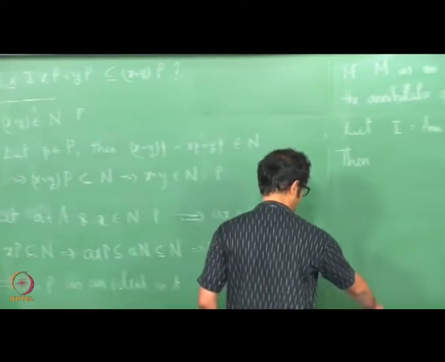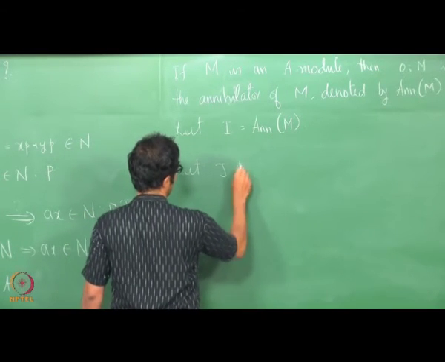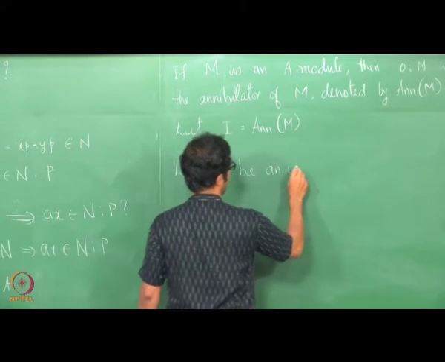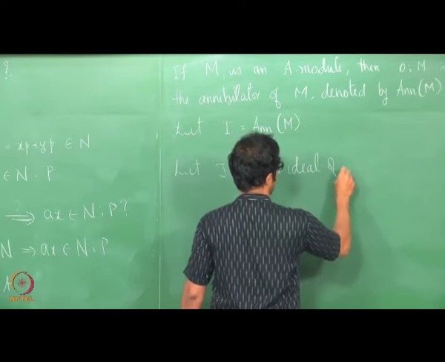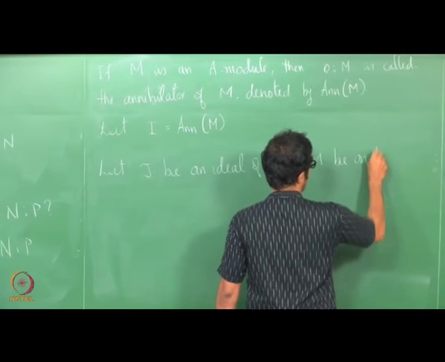Okay, so let me put it this way: let J be an ideal of A and M be an A module.